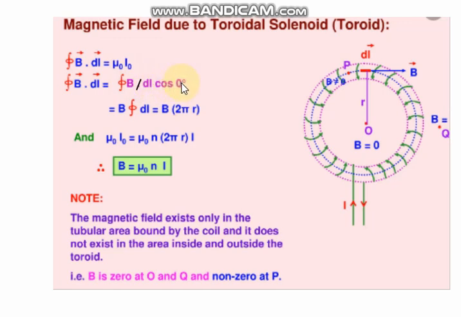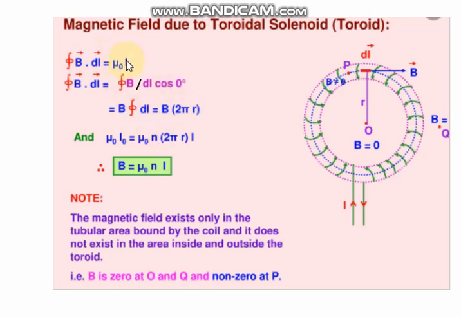Why are we taking the angle 0? Because at any point along this Amperian loop, B is along the tangent to the circle at that point, and dl will also be along the tangent at that point. So both B and dl will be parallel and the angle between them will be 0. So we will write B dl cos of 0.